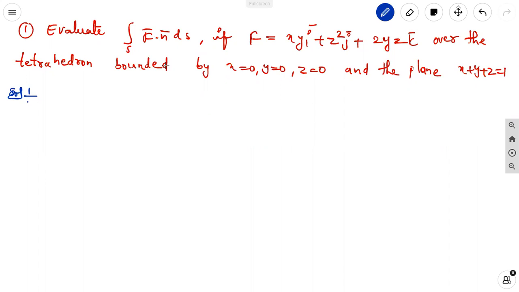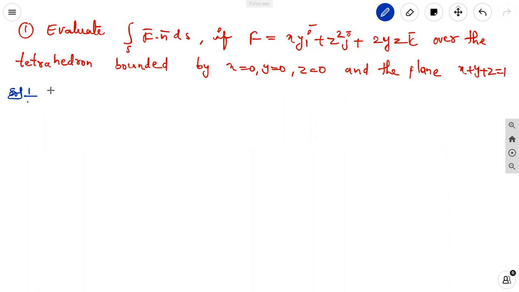Evaluate the integral over S of F vector dot n vector dS, if F vector equals xy i plus z square j plus 2yz k, over the tetrahedron bounded by the planes x equal to 0, y equal to 0, z equal to 0, and the plane x plus y plus z equal to 1.